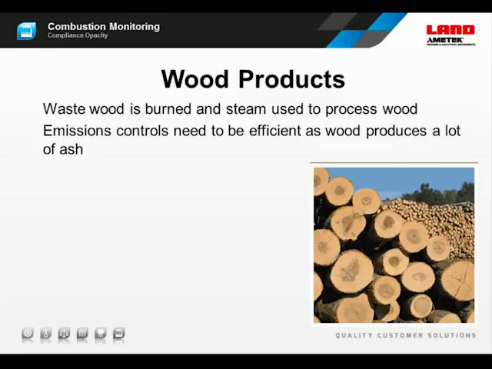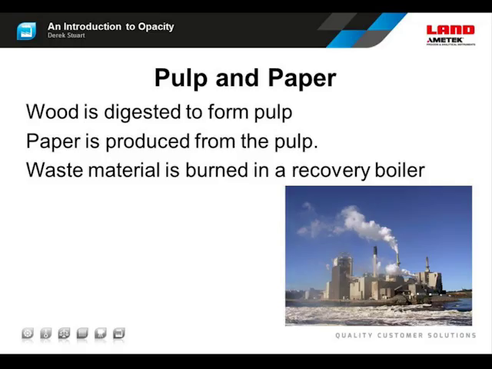Another application for wood is in pulp and paper. This is a significantly more complex application where the wood is basically digested to produce wood pulp, which can then be used in the manufacture of paper and paper products.